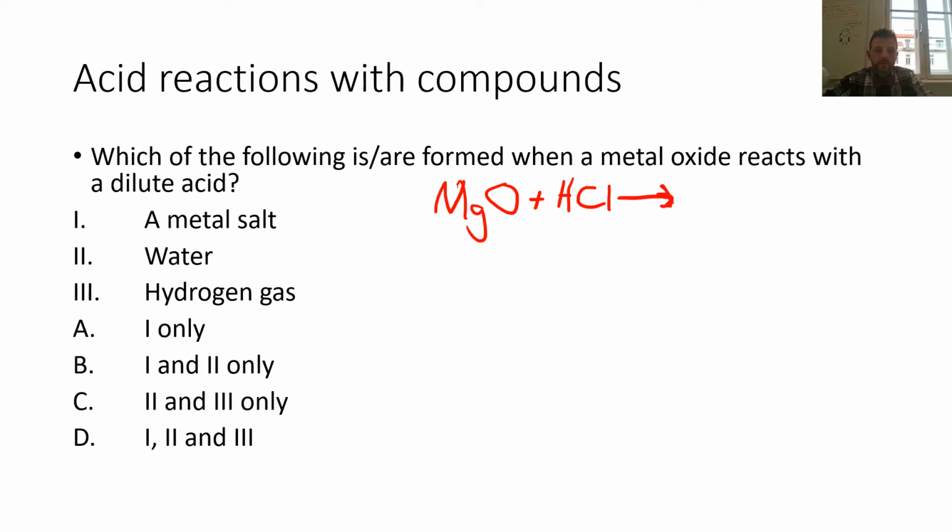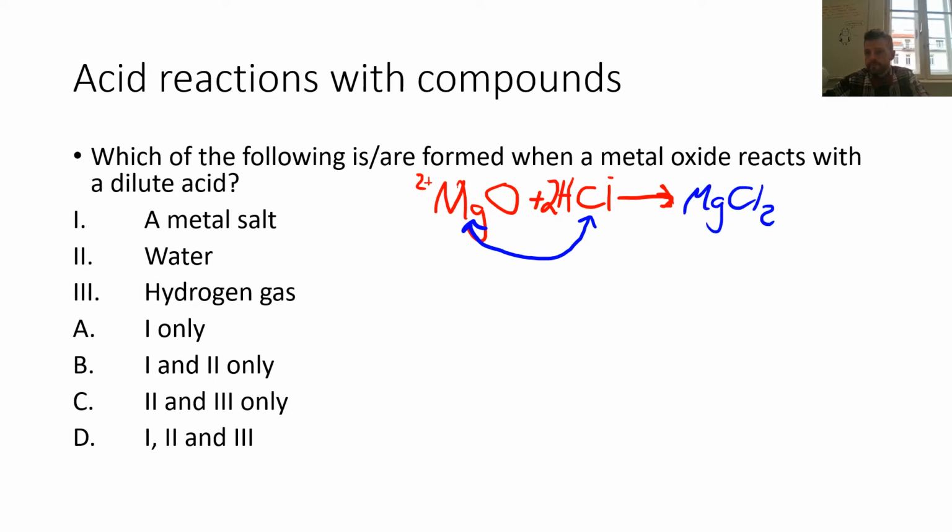I'm going to just do HCl. So based off of this, I'm going to end up needing 2 of these because magnesium is 2+ and chlorine is a minus. So that gives me, remember the metal and the non-metal part of the acid are going to react.